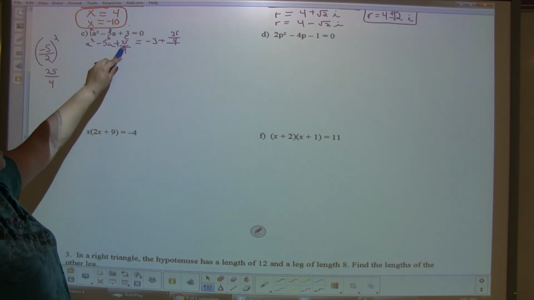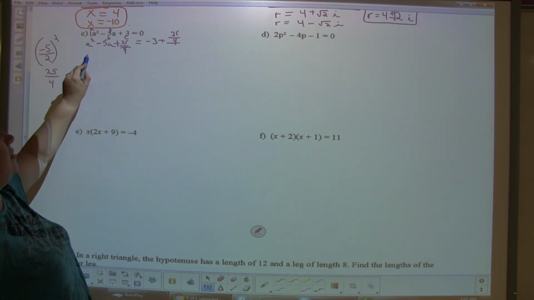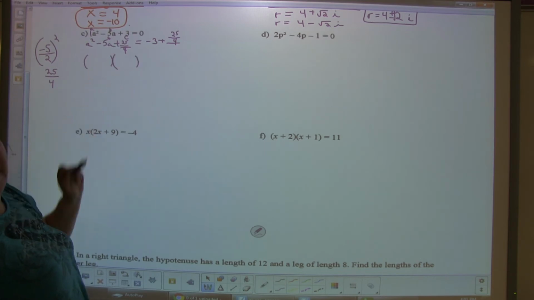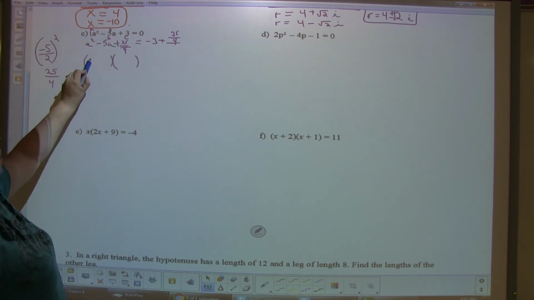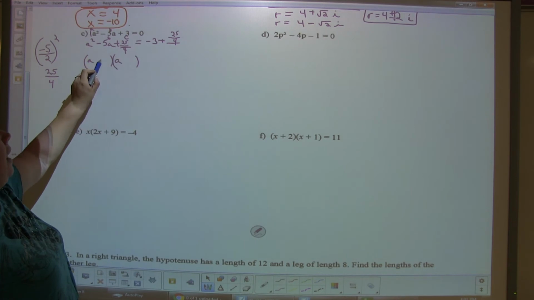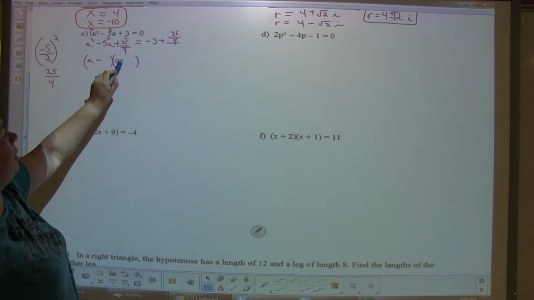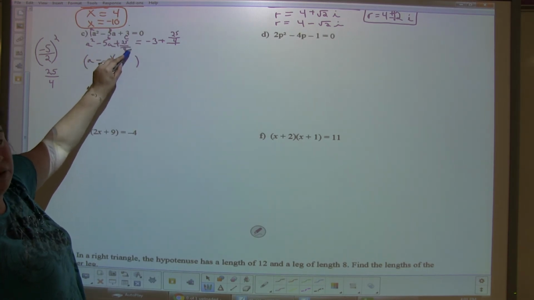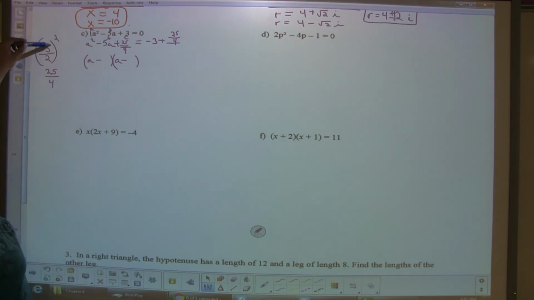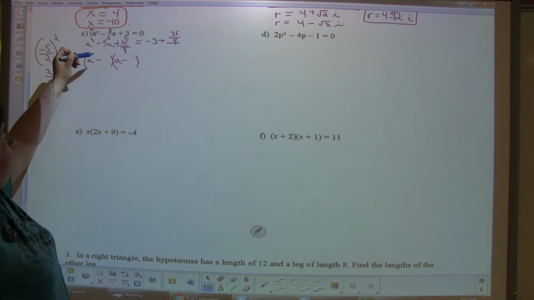The nice thing about this is when we look to see how we factor that, well, we have a times a, and they both have to be minus signs because we need a positive when multiplied, negative when added. Believe it or not, our answer is going to be -5/2.